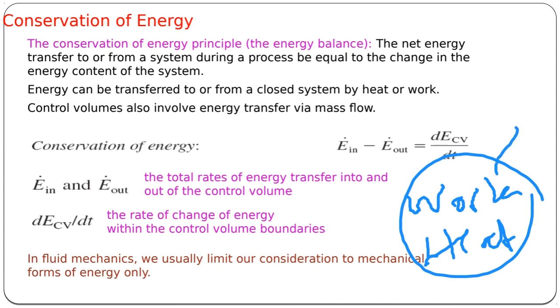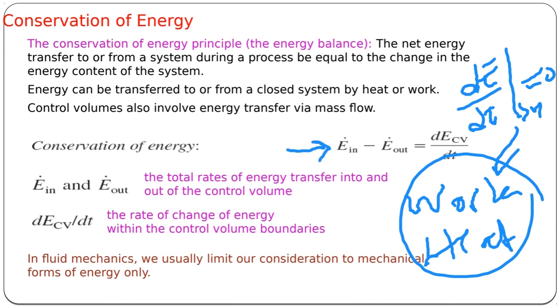So if dE/dt of the system is zero, then similar to the conservation of mass, we have this. The incoming total energy minus exiting total energy will be causing a change within the system. It's actually the first law of thermodynamics, because in thermodynamics, remember that you have written net Q minus net W is the change of energy within the system.